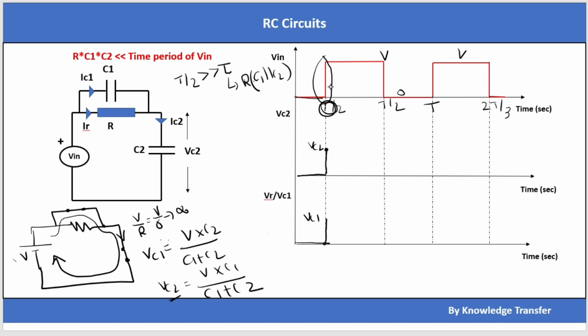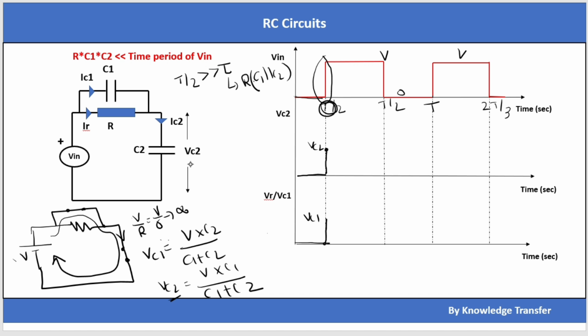So let's see. We know that from 0 to T by 2, this circuit will go to steady state values. That means it will behave as a step circuit. So let's forget this transition. The circuit will behave in such a way that you have given a step signal, so the capacitors will reach their t equal to infinity state at DC conditions.